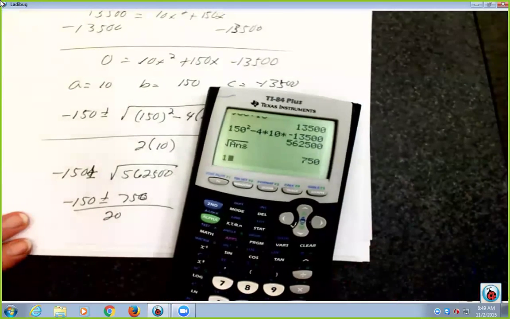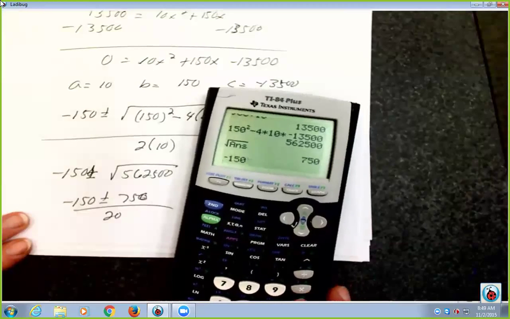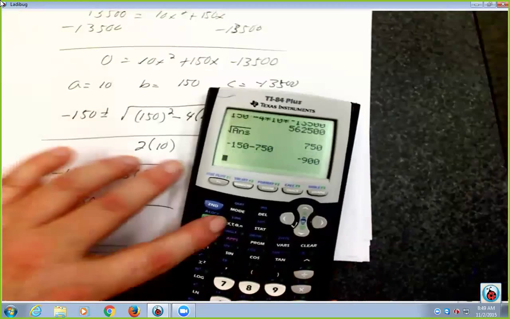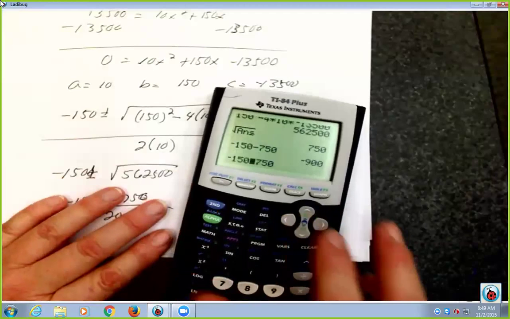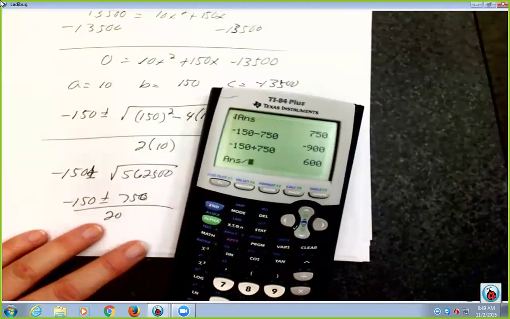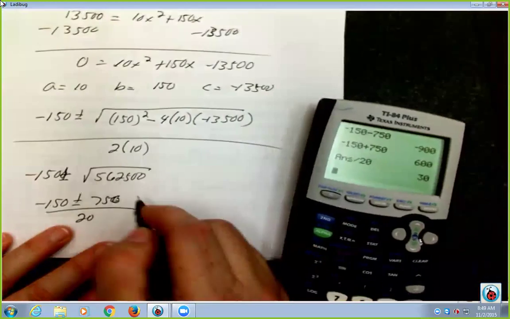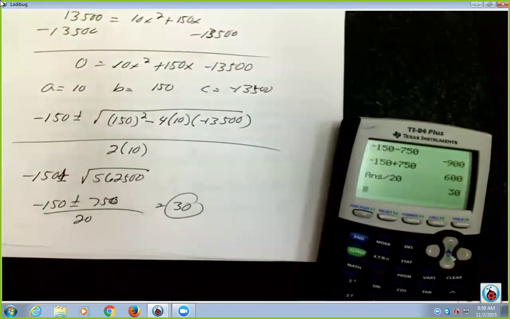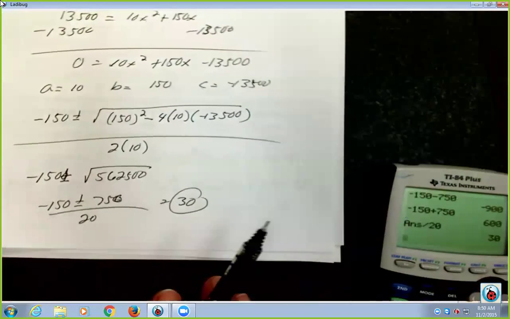So then if I finish it, negative 150 plus 750 equals 600, divide that by 20, and I find I get 30. There. Now we're on the right track. But if you go the negative route, it's not going to help us, so we can't go negative. So there were 30 members that originally signed on to go with the bus.